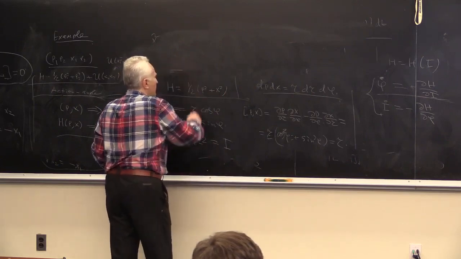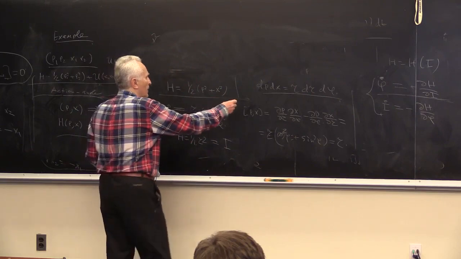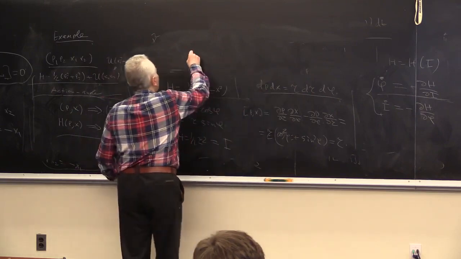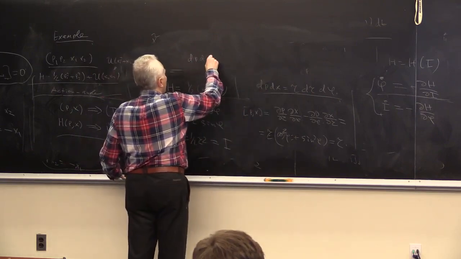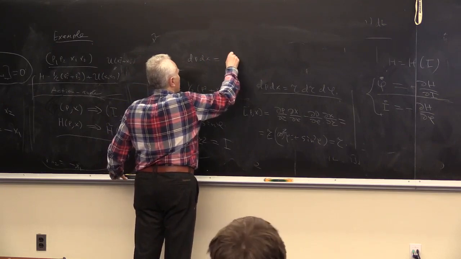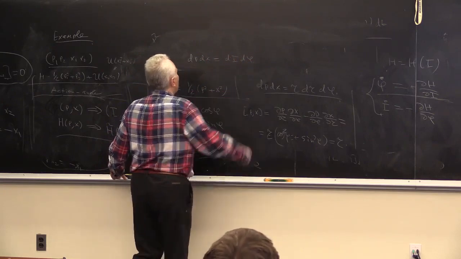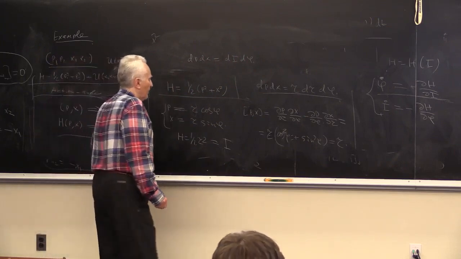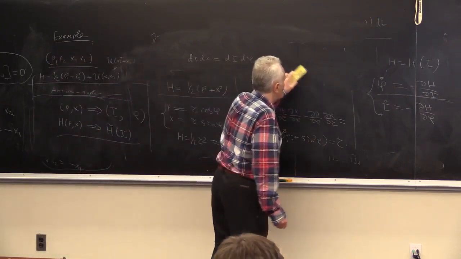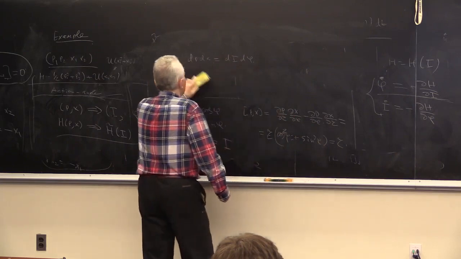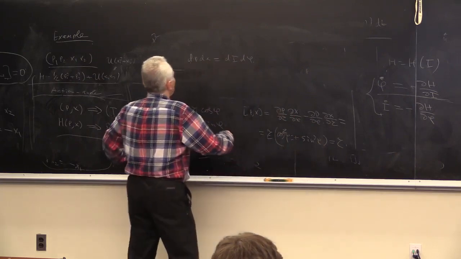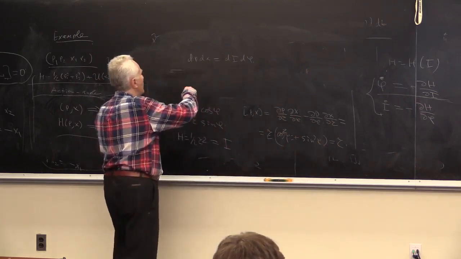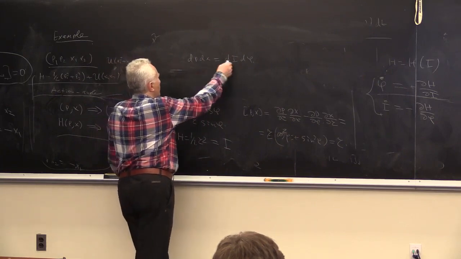You can easily find now from the relation dp dx should be equal to dI d phi, the general one-dimensional action angle variable. Namely, you can simply integrate from here.